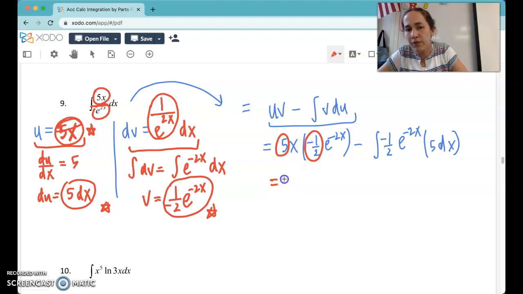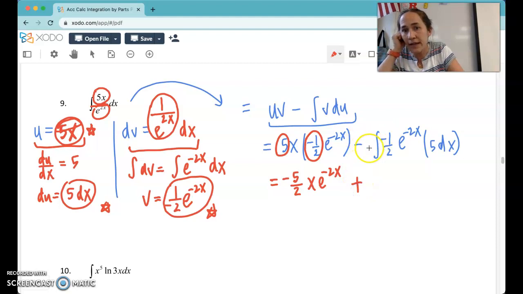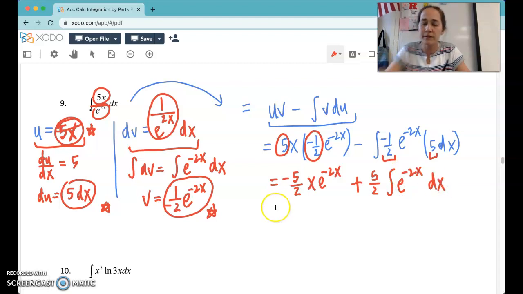So we can multiply the 5 and the -1/2 to get -5 halves. And it's x e to the -2x. Okay. Plus, right, I see a minus a negative, so that's probably easier said as a plus. 5 times a half, so 5 halves, combining these constants. Integral of e to the -2x, taken with respect to x.